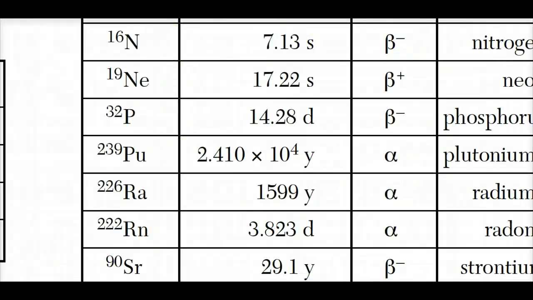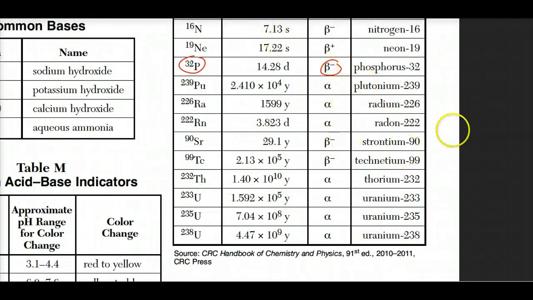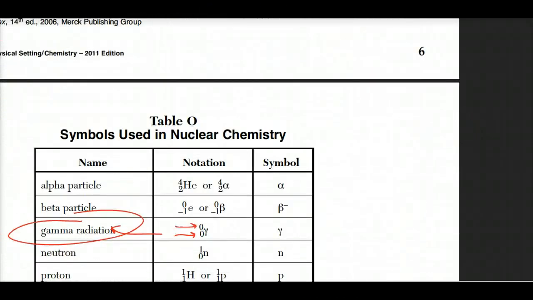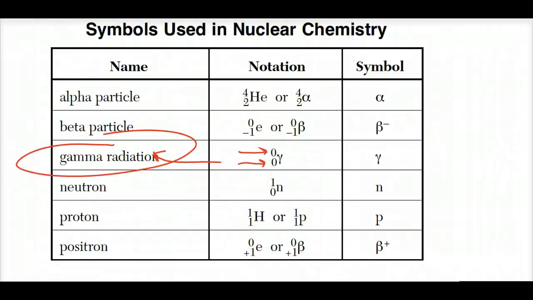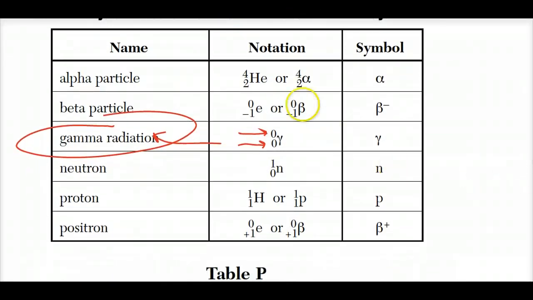So there it is, phosphorus-32. Its decay mode is beta negative. What is that? Beta negative is a beta particle. To know that, all you have to do is go to Table O on the next page, and you'll see that a beta particle is this particle here. There's the symbol and its information.